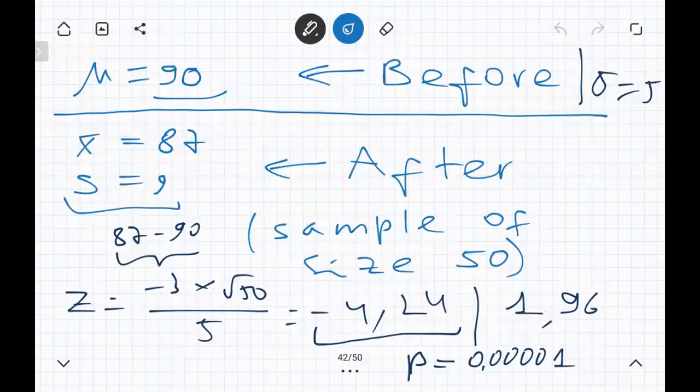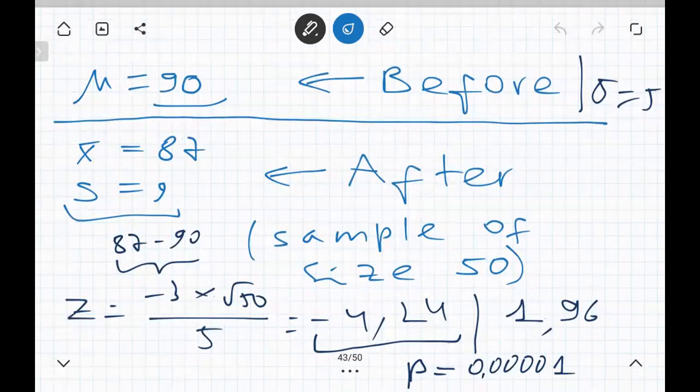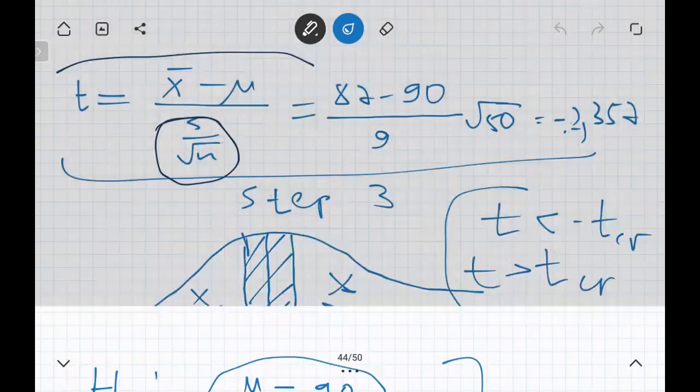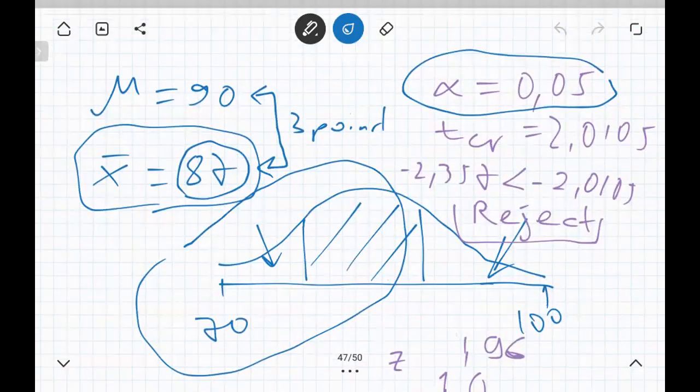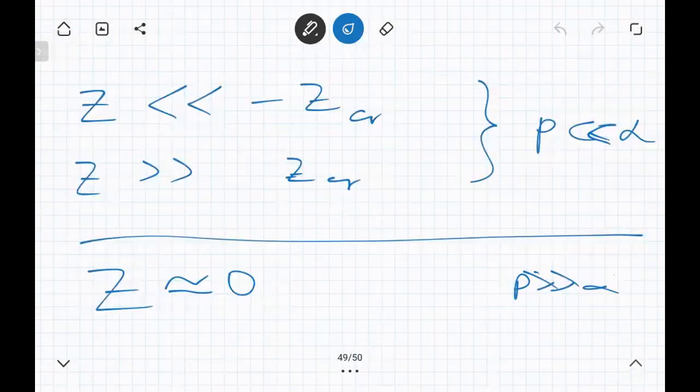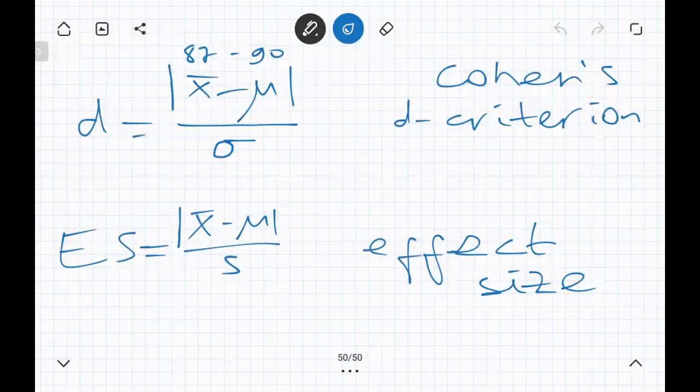Yeah, it's 5 for the population, and it's 9 for the sample. So you don't need to calculate both of them. Usually you calculate the D score, and if you don't know the population standard deviation, then you calculate the effect size. Now, to illustrate, I will calculate both.